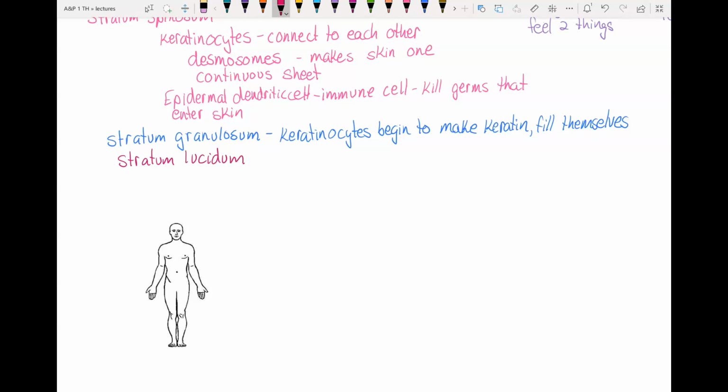So this is where the cells, or the keratinocytes, have a protein called eleidin. So this is a protein that is an intermediate of keratin.